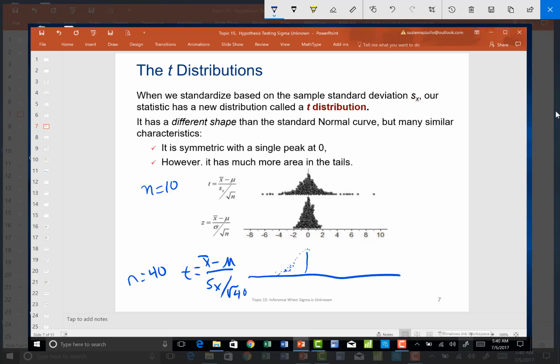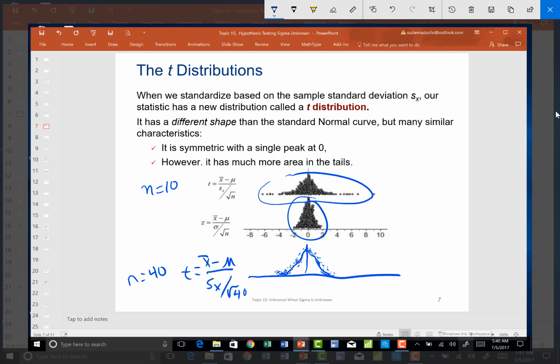It won't get quite up to the standard normal, but it's going to get really, really close to the peak there, and it won't be as thick in the tail ends. It will be thinner, and it's going to look more and more like the normal distribution that we see here. It's going to thin out. So we won't have it being so thick in here. It's going to be a little bit thinner in here.